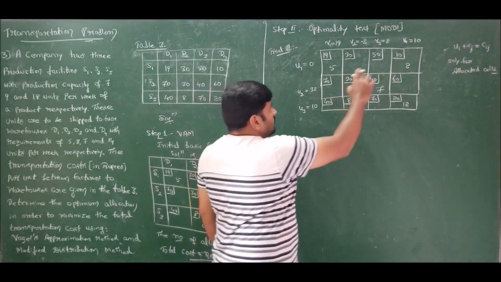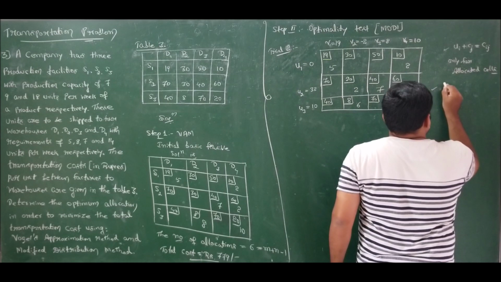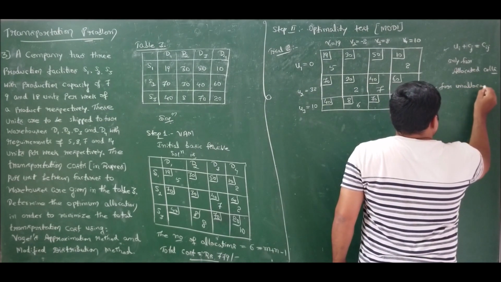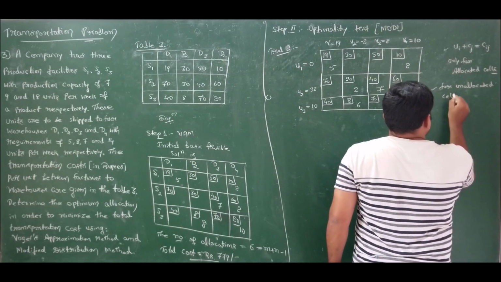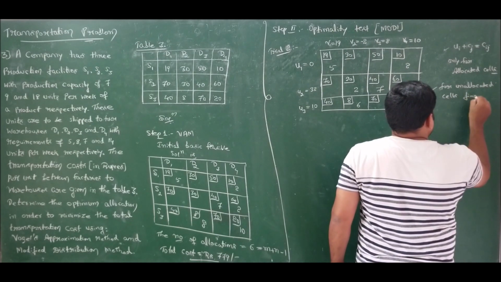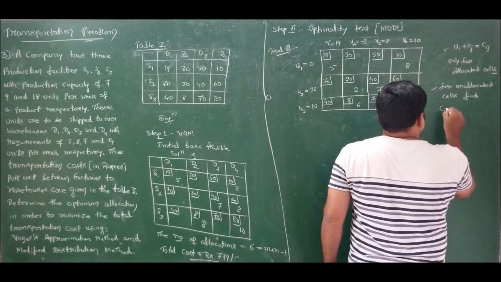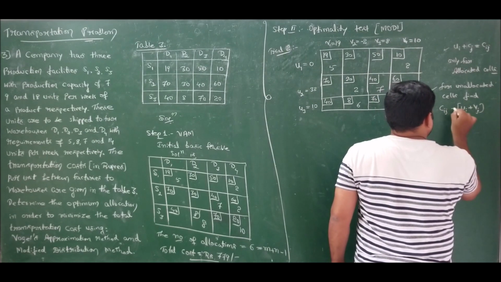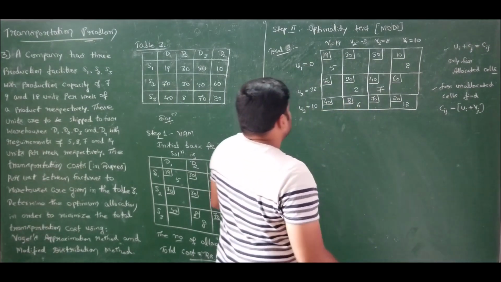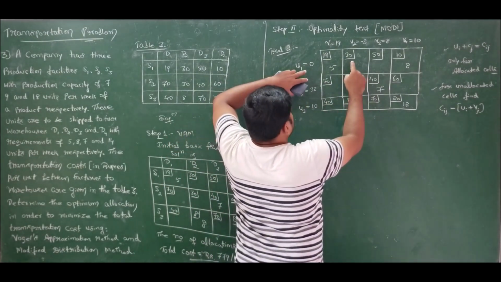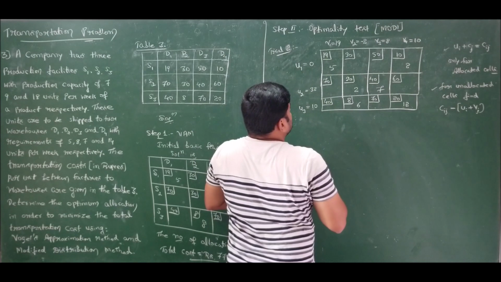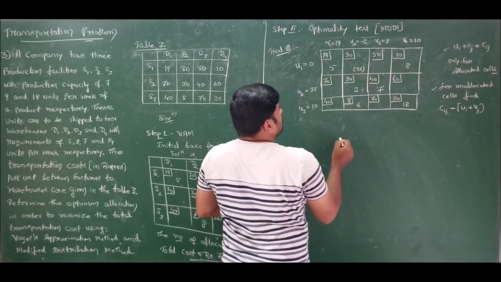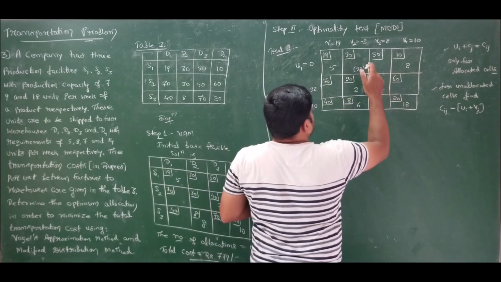Now calculate for unallocated cells. For unallocated cells, find Cij minus Ui plus Vj. So your cost is 30, 30 minus 0 minus 2, which will become plus 32, which is positive. It is undesirable for us.